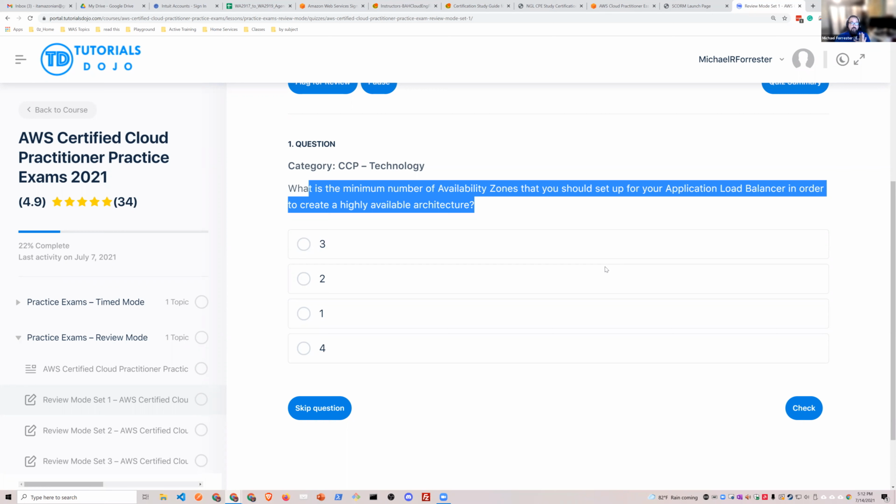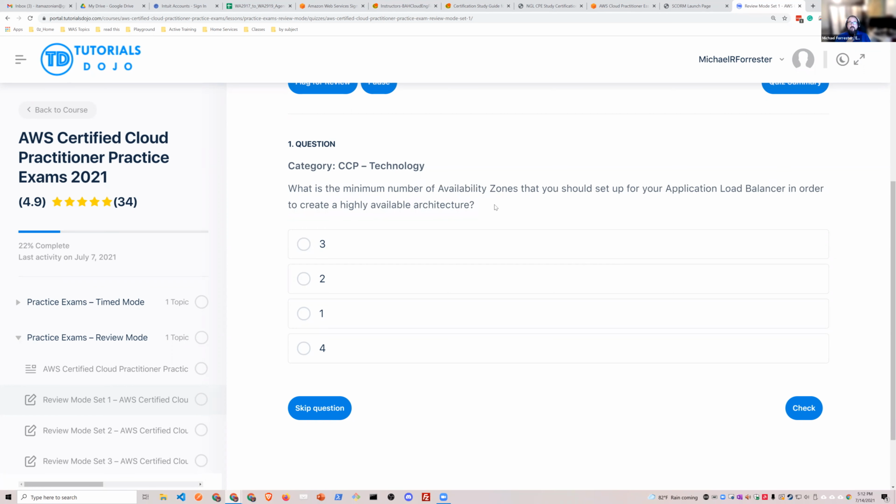Now, when you see those kinds of questions, and I'm going to go into this even deeper, but I'm going to repeat myself here, you want to get very specific about what the question is asking you, right? They want the minimum number of availability zones for an application load balancer for a highly available architecture.